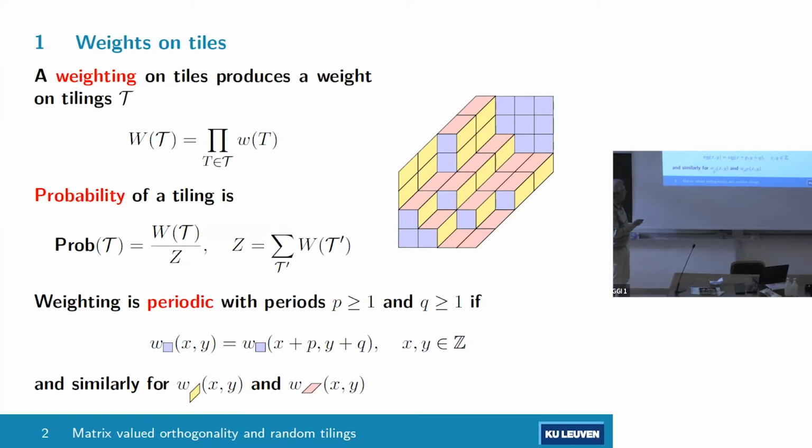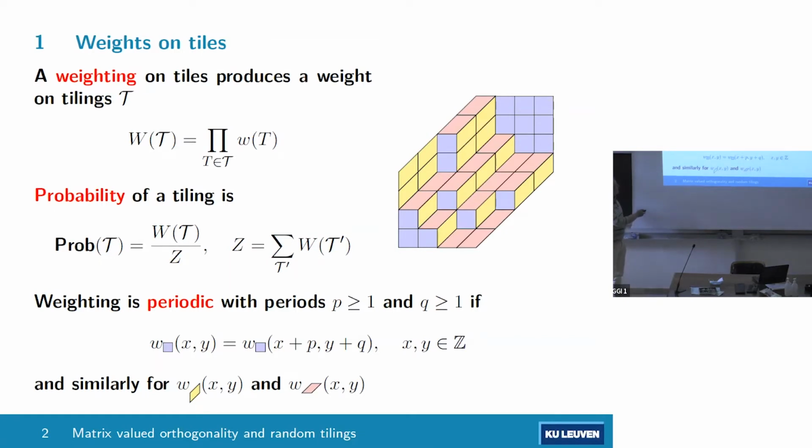For each type of tile, there is a certain weight function that depends also on the location where this tile appears in the tiling. The periodic weighting means this is periodic in both the x and the y direction.